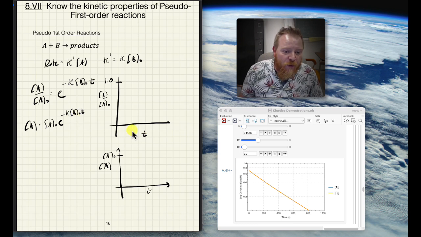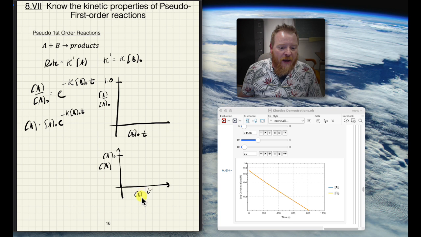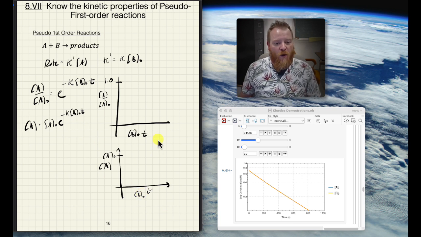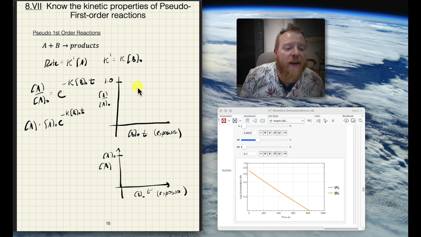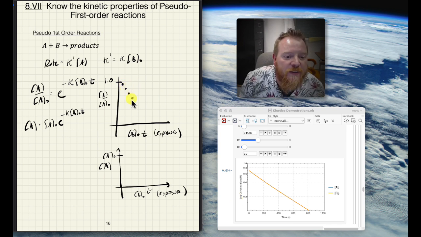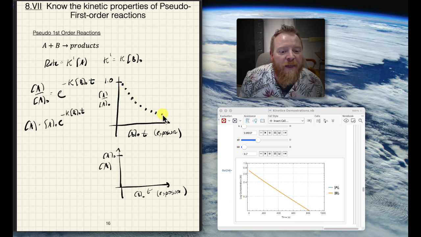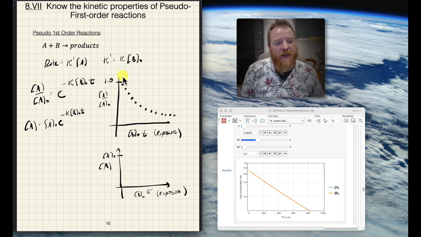We actually have to put the initial B concentration multiplied by time, and thus we call that exposure, which is concentration multiplied by time.